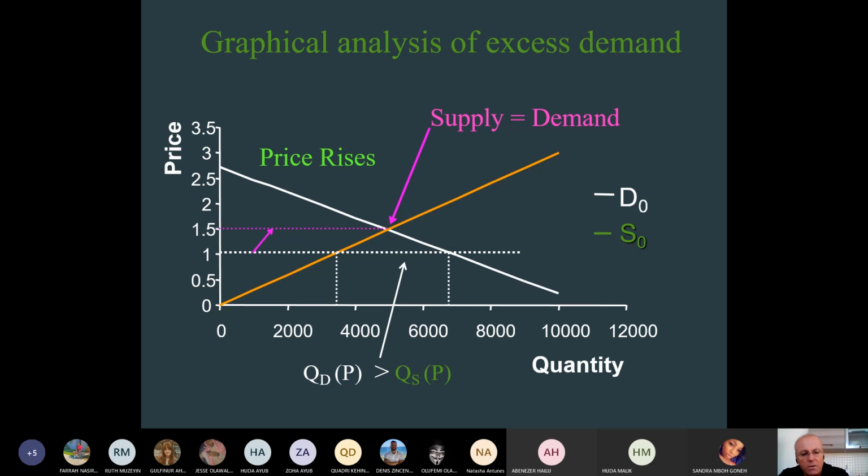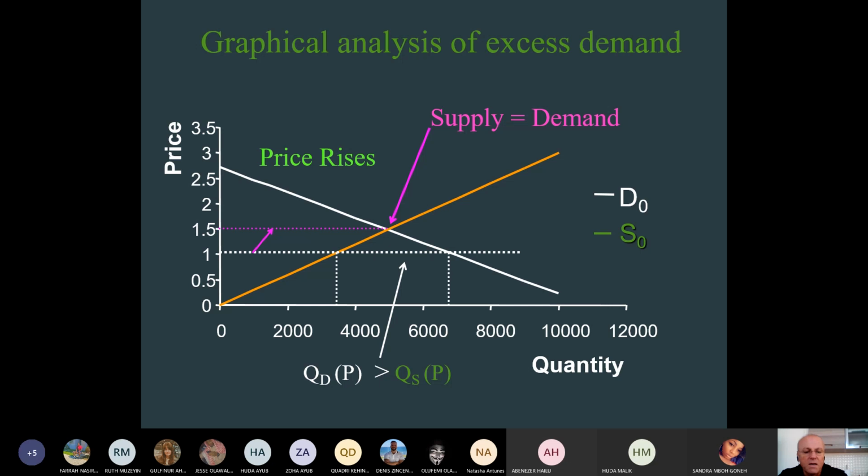As you see at point P, when the price is 1 unit or $1, the consumers' demand is very high, around 6,600 something. And when it is 1 unit, the production capacity is very, very low.